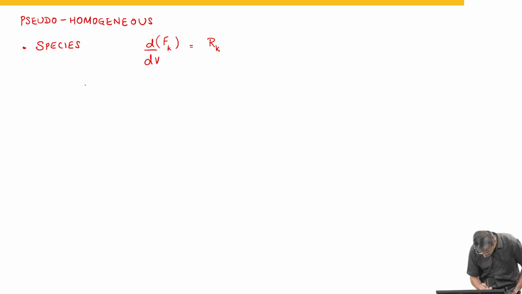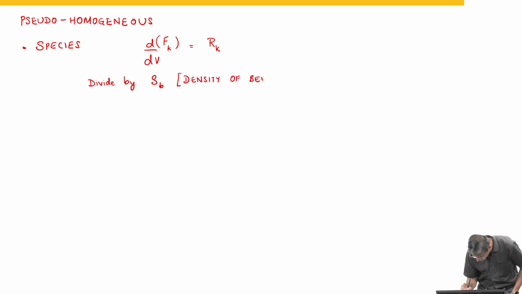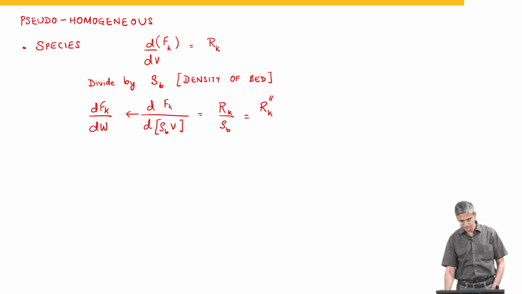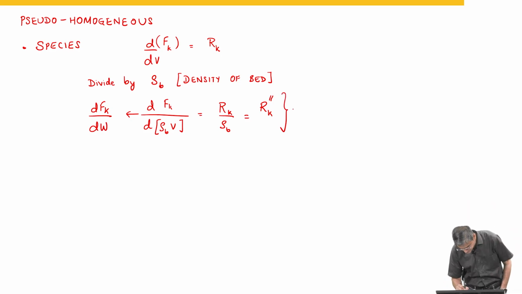You can multiply or divide by the catalyst density to convert to dW.